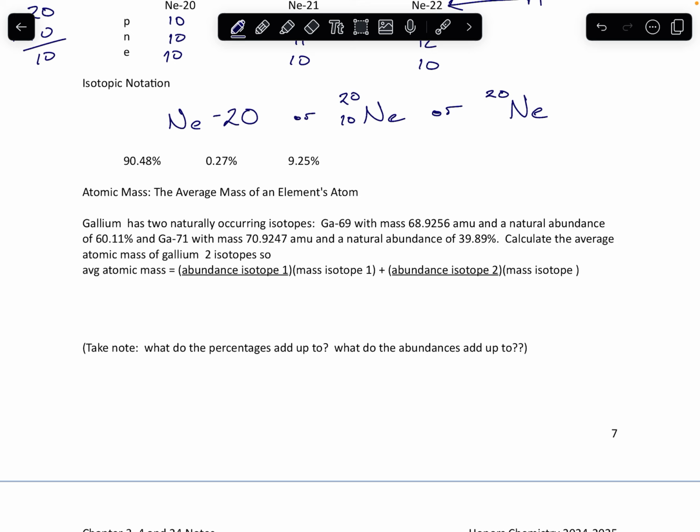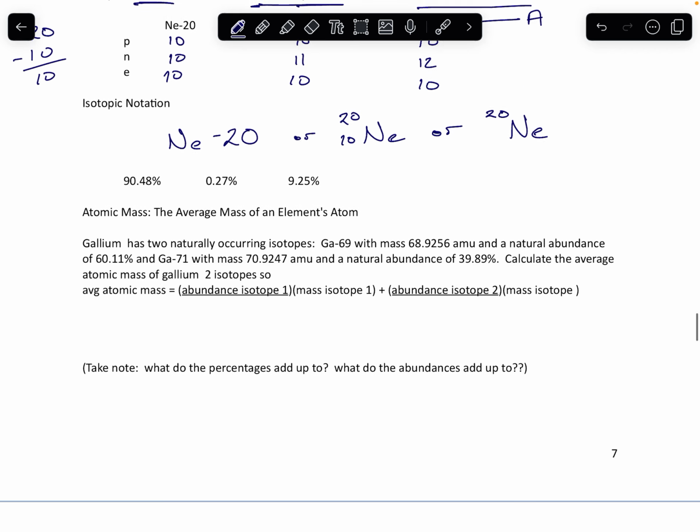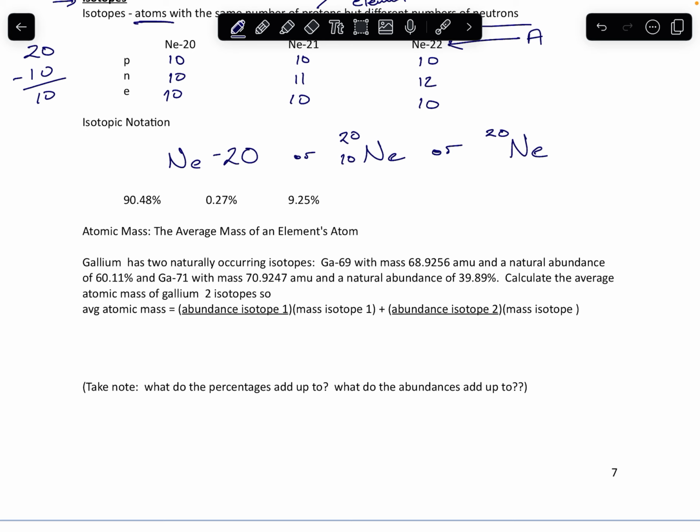What those are is average atomic masses. What happens is we use the abundance of our different isotopes.